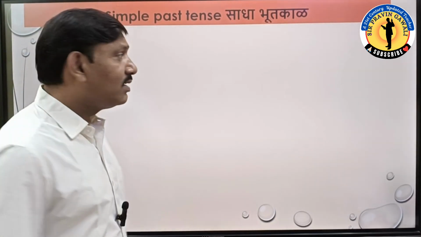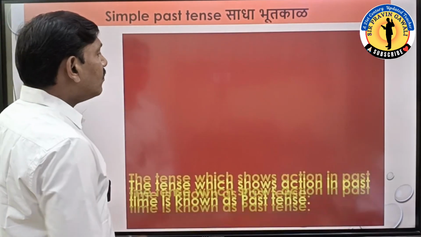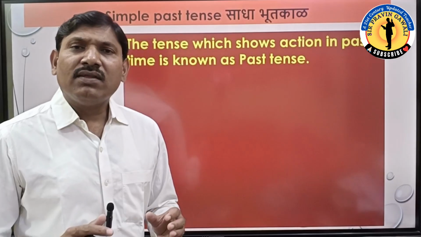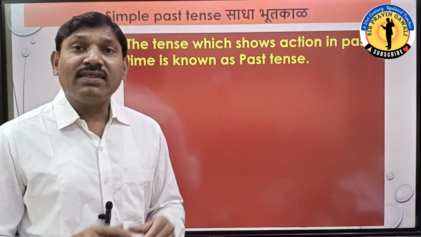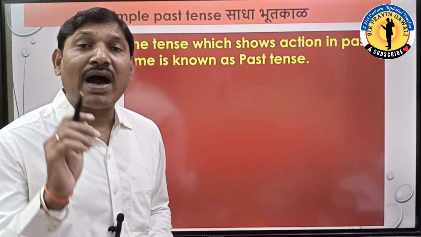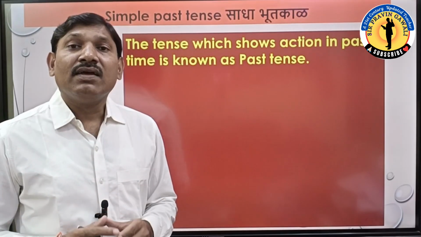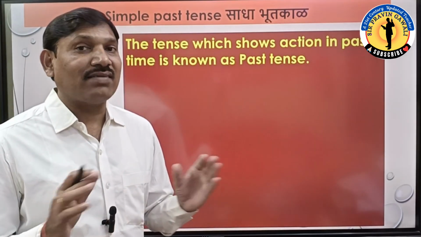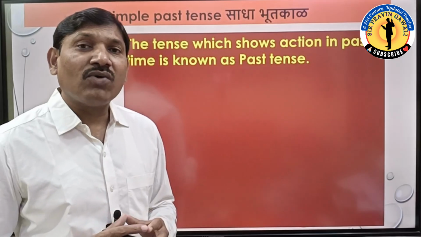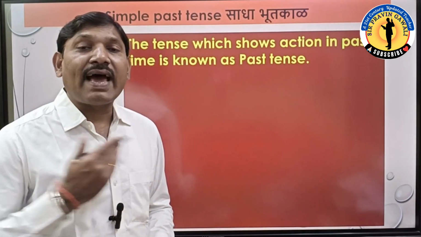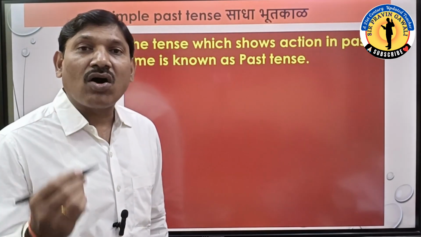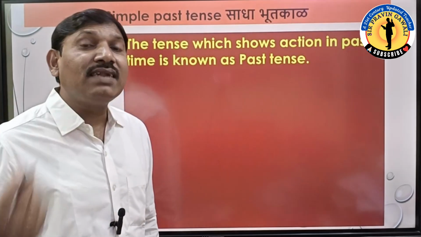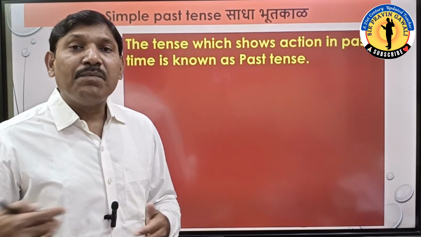When do we use past tense students? See here, if you want to show the past action, or actions which occurred in the past time, that time we can use this tense, that is past tense. Past tense means the actions which occurred in the past time, earlier, before.